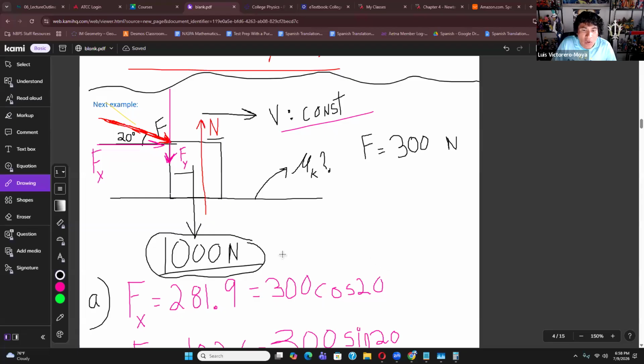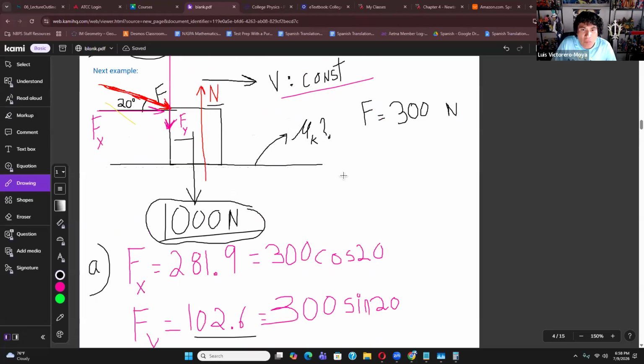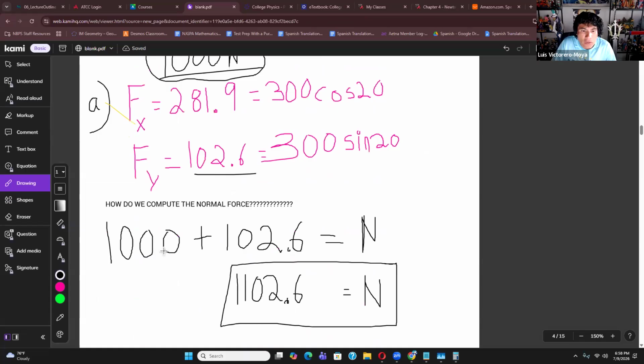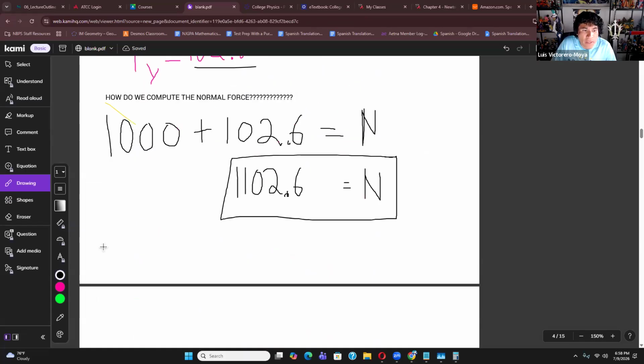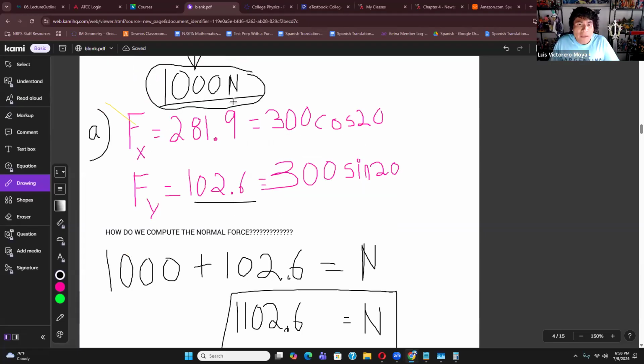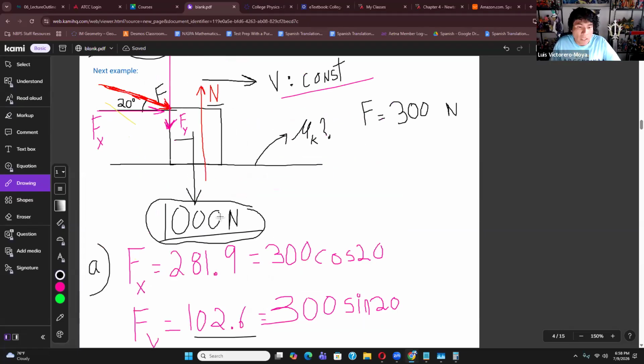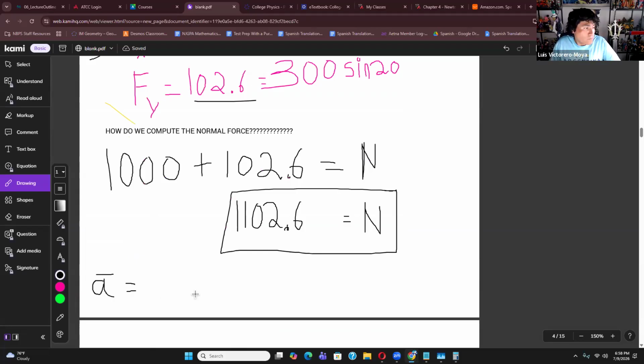So now I have the normal. I'm being asked for mu. If it's moving at constant speed or constant velocity, what's the value of the acceleration?